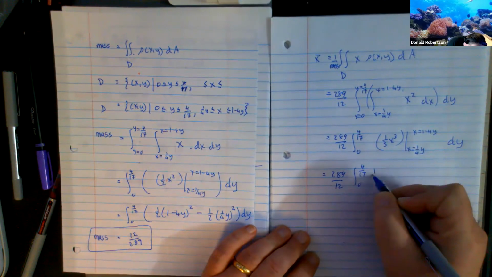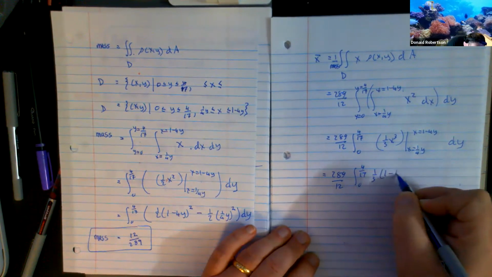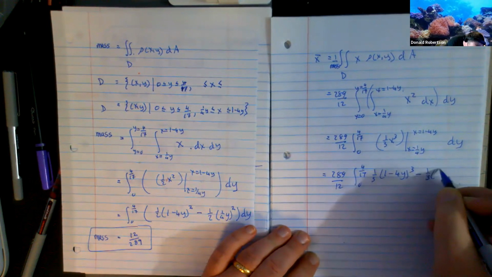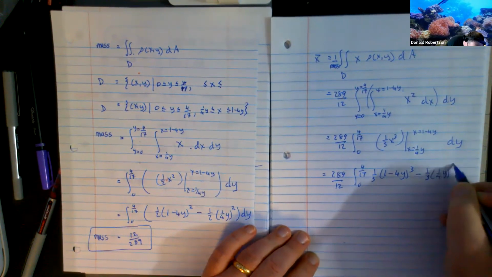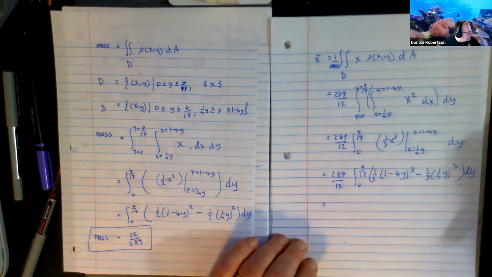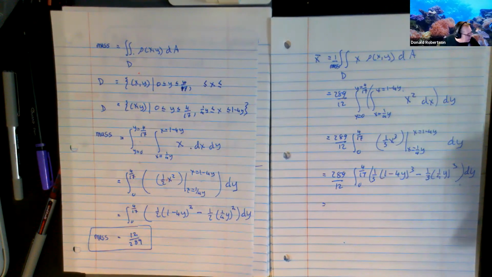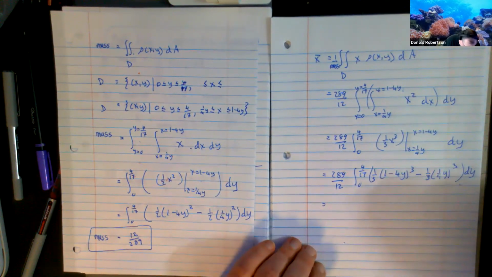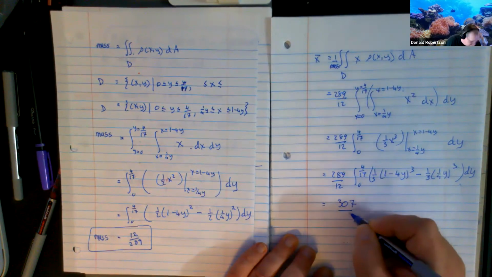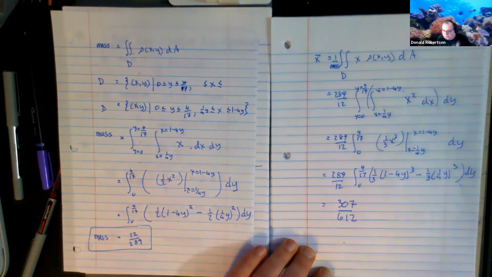And this is going to be 1/3 (1 minus 4y cubed) take away 1/3 (1/4 y cubed) dy. And I'm going to cheat again. You're just going to have to trust me on this one, but that's the answer eventually.